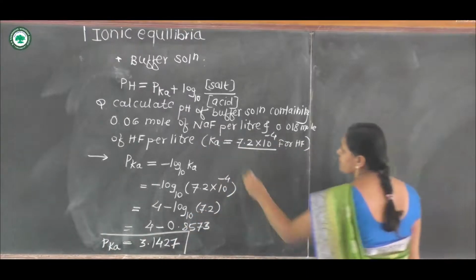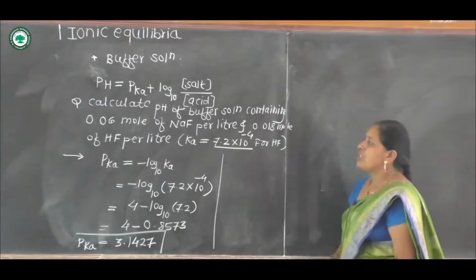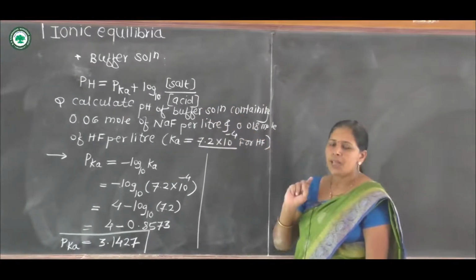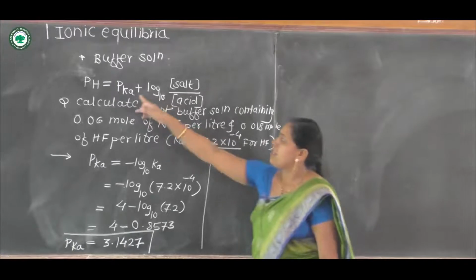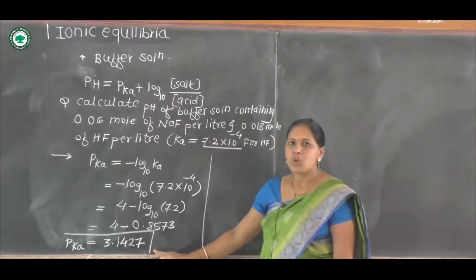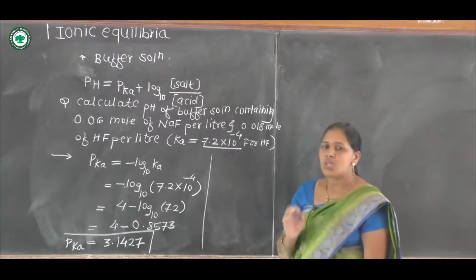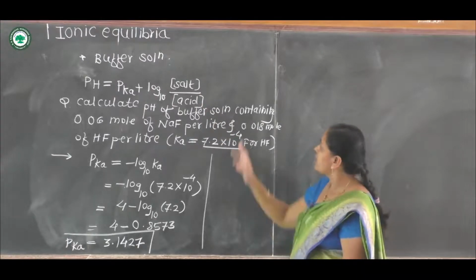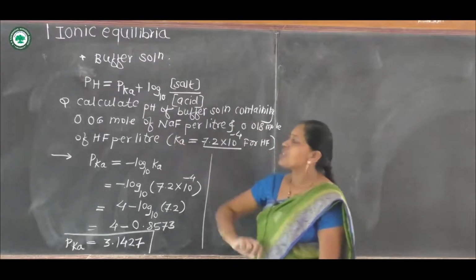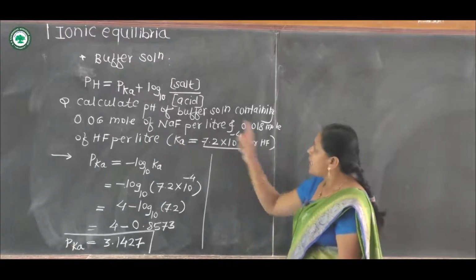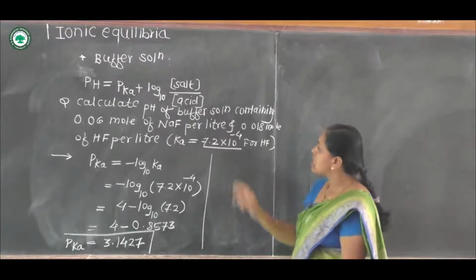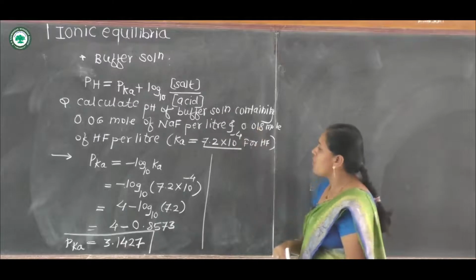Then substituting values in this formula, pKa is equal to 3.1427. Concentration of salt, that means concentration of sodium fluoride, is 0.06, and concentration of acid is equal to 0.018.